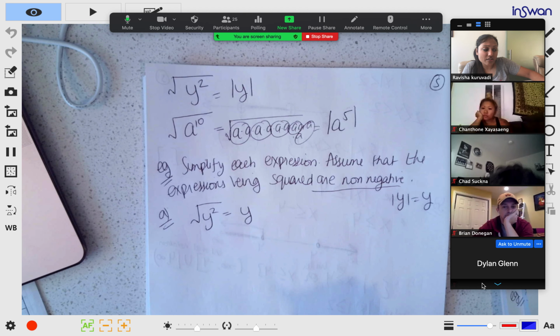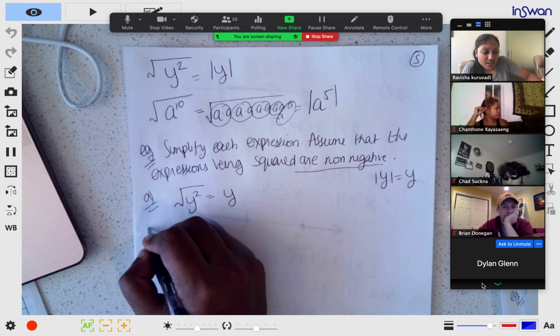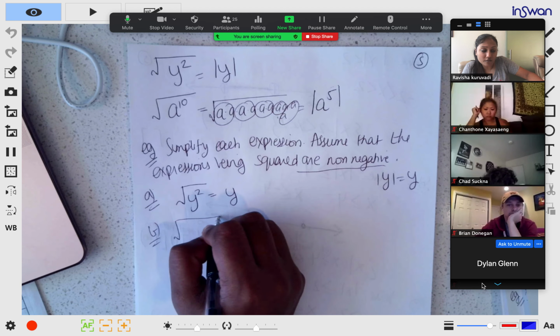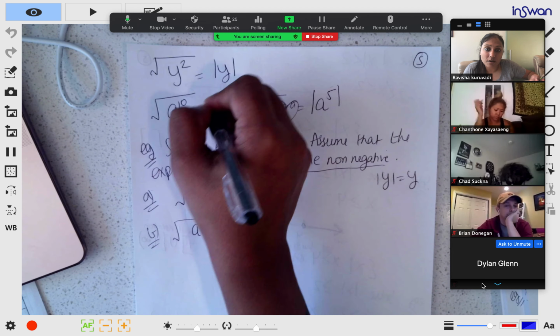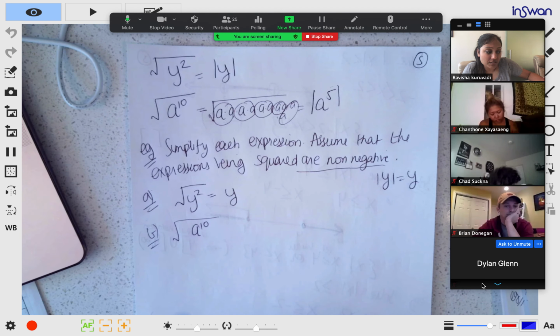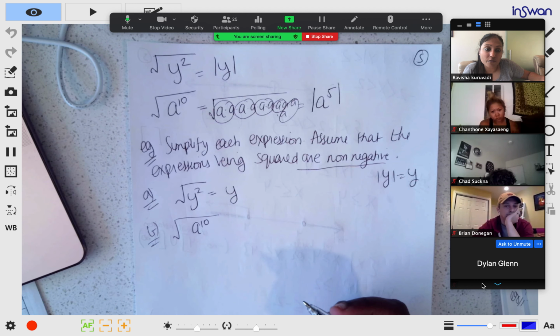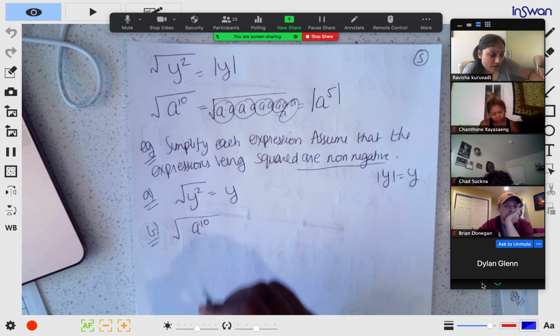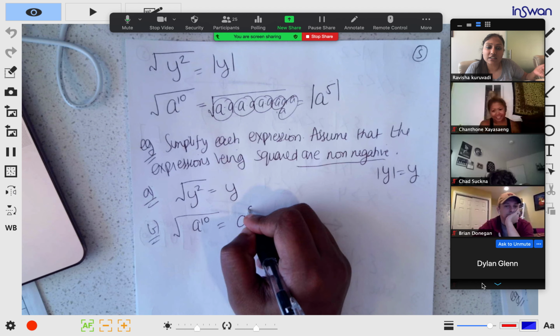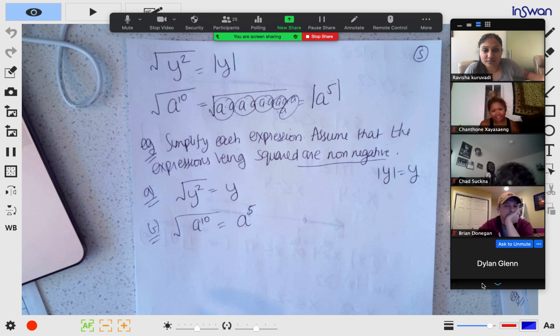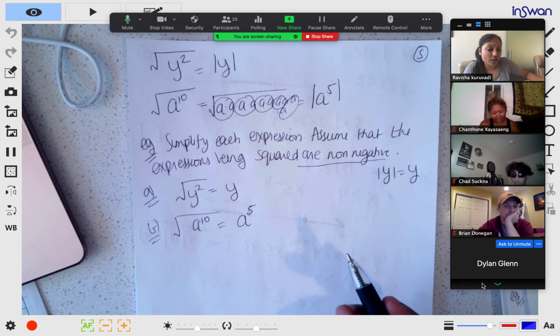So the answer will directly be y. In fact, if you have a to the power of 10, the way we did above, and it comes in this problem where the expressions squared are non-negative, I know a to the power of 5 will be positive because my a is positive. So I don't have to put an absolute sign.